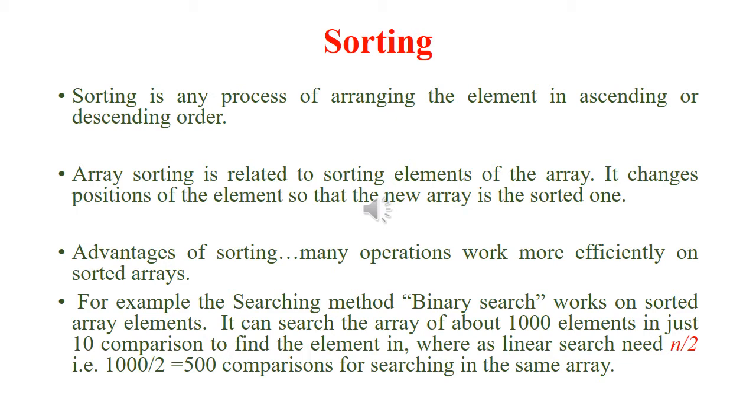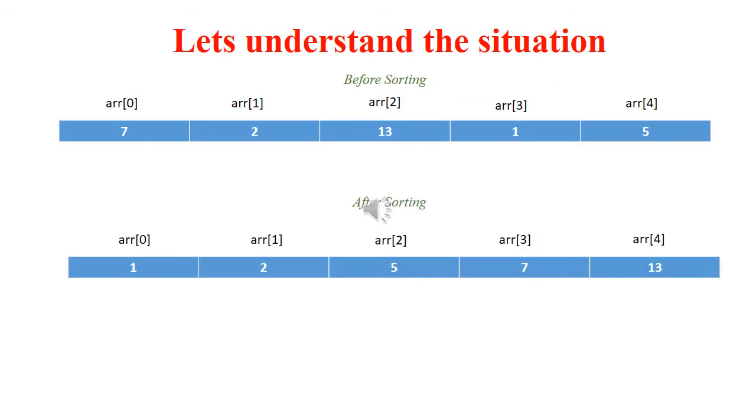Whereas on the same array, if you perform linear search, it will need about 500 comparisons to search the array.